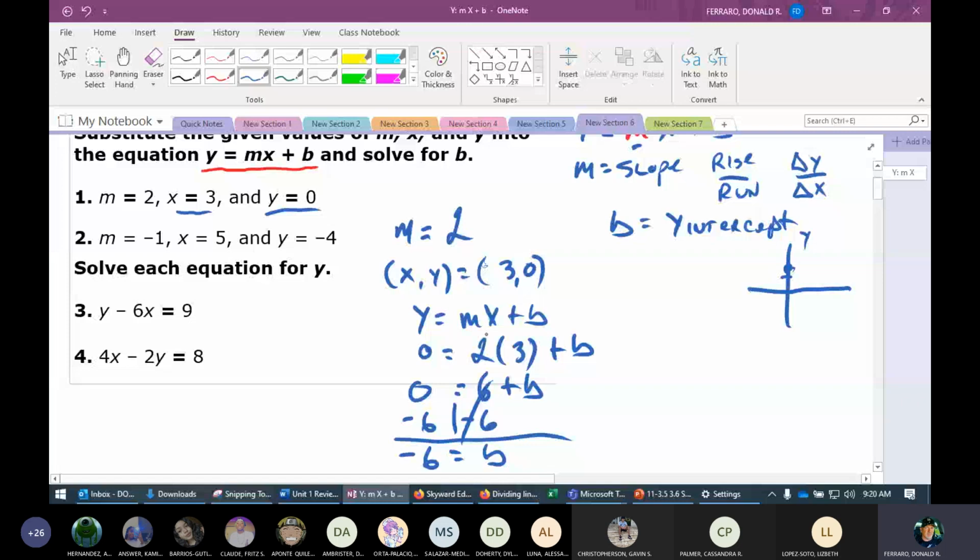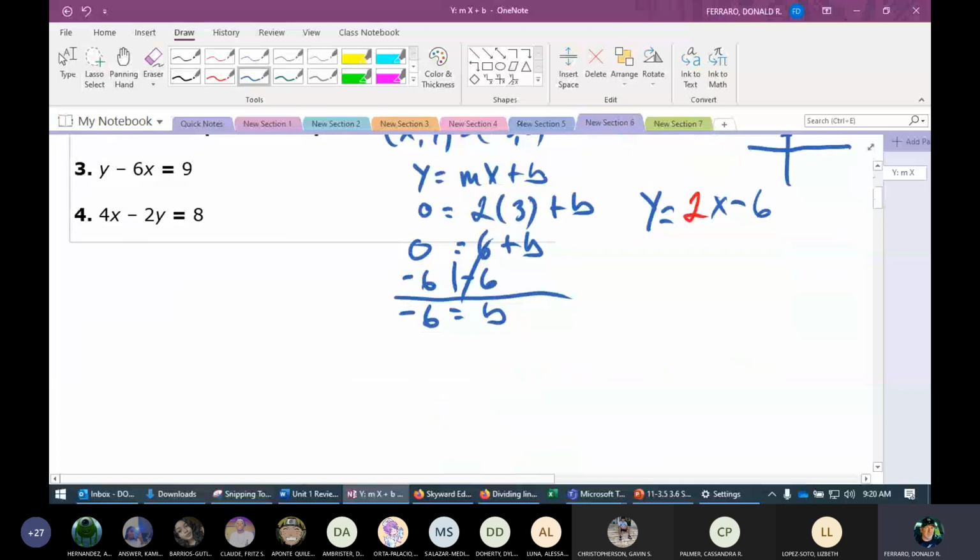Yep. So now, if I was to build this equation, I know that b equals negative 6, and they tell us the slope is 2. So y equals 2x minus 6. Now I can graph that equation. I'm going to create my coordinate grid.